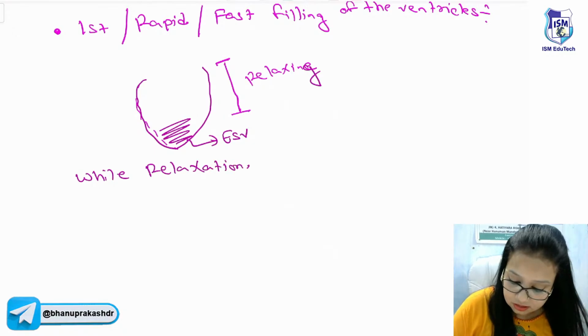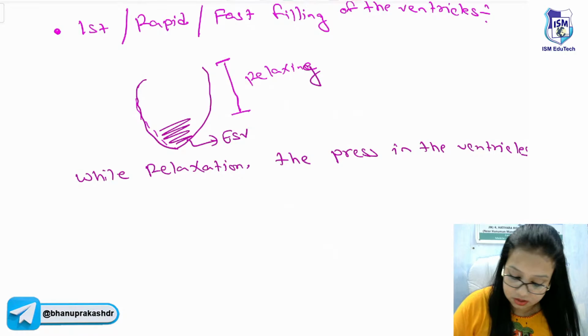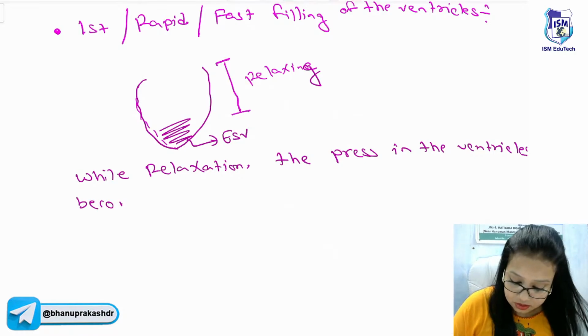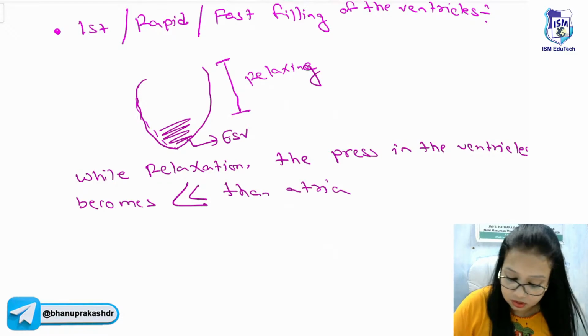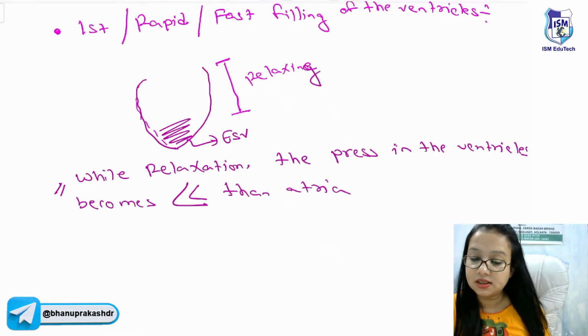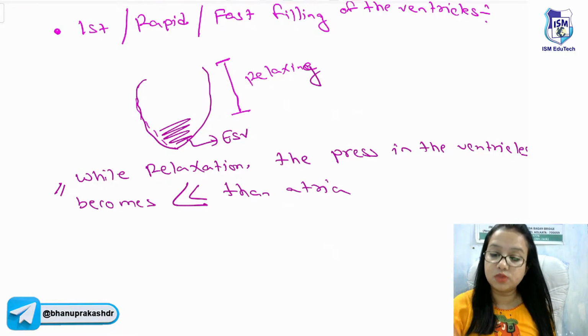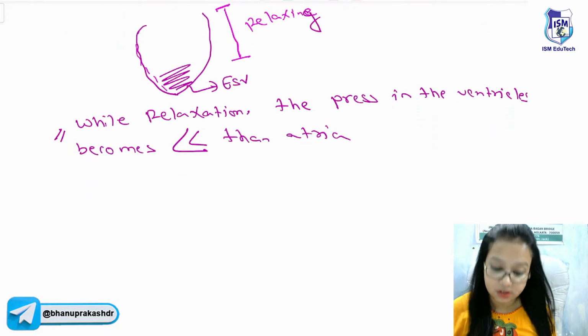Now since it is increasing in size while relaxing, the pressure in the ventricles becomes much lesser than in the atria. Because when the ventricle is relaxing, the atria is getting filled with blood. So there is a difference in the pressure in the atria and the ventricle.